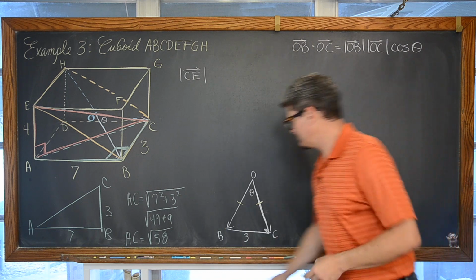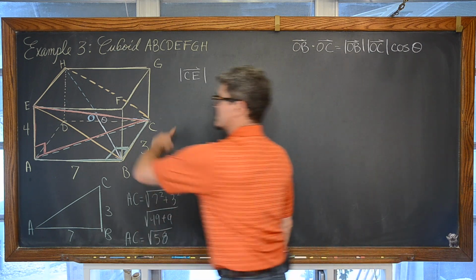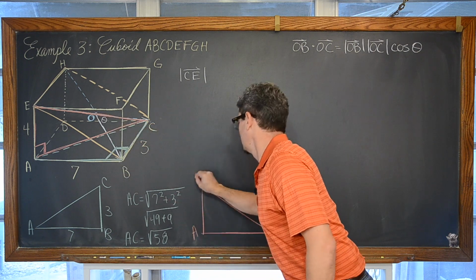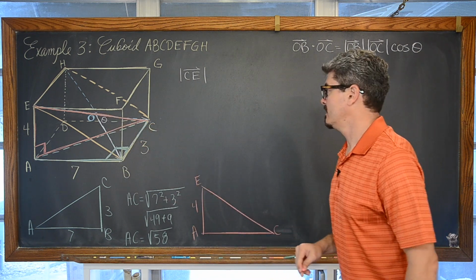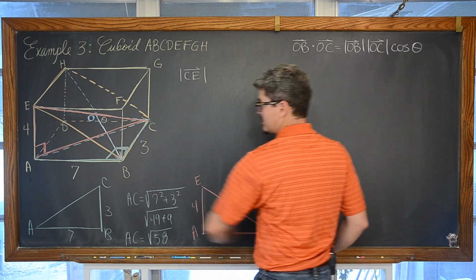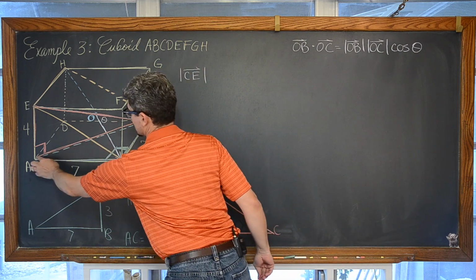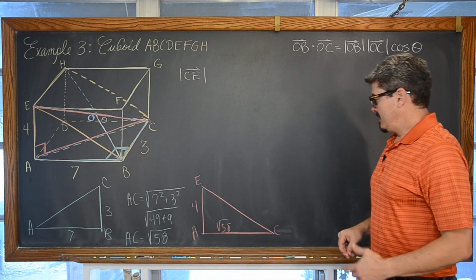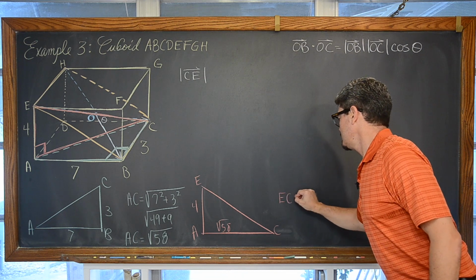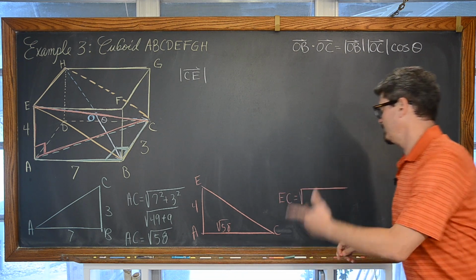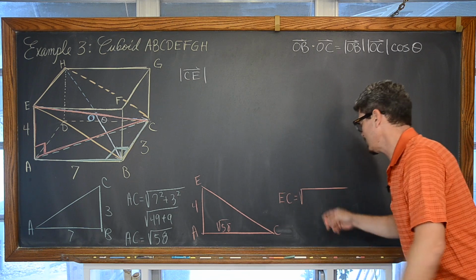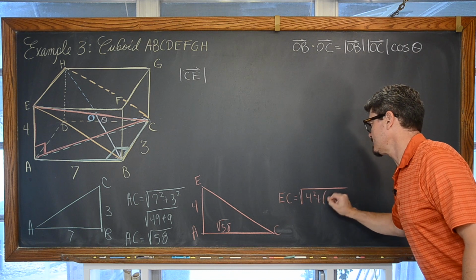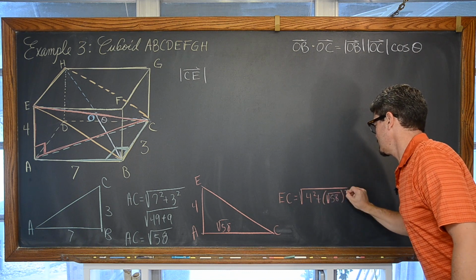We're then going to move on to this red triangle now. AEC. AE is 4. AC, this leg, is this green triangle's hypotenuse, which is going to be square root of 58. And then EC is equal to, not using vector notation right now, let's not use the word magnitude, but its length is equal to the square root of 4 squared plus the square root of 58 squared.